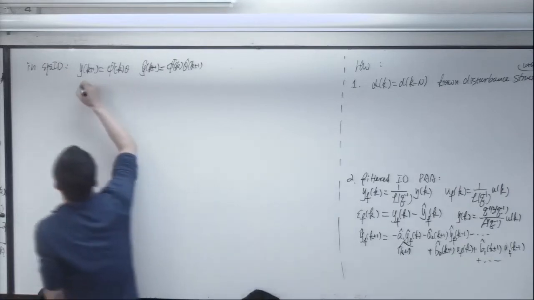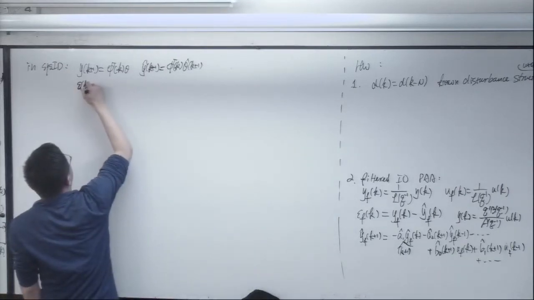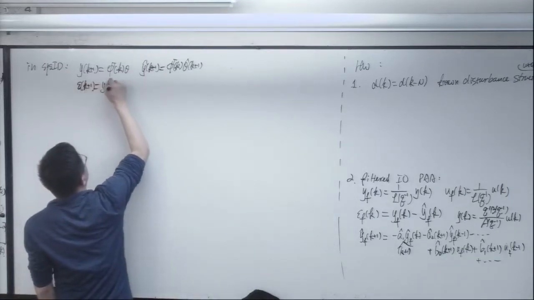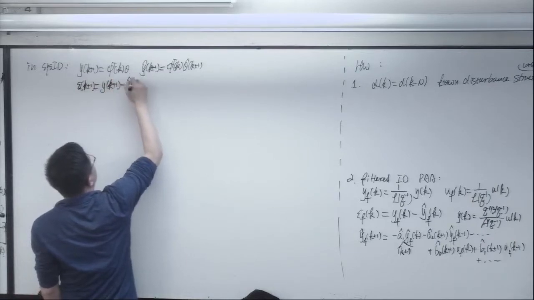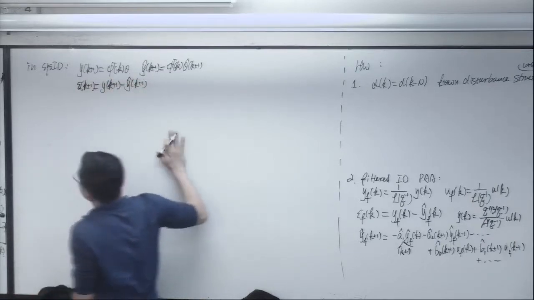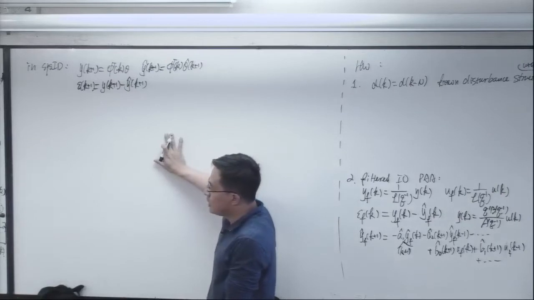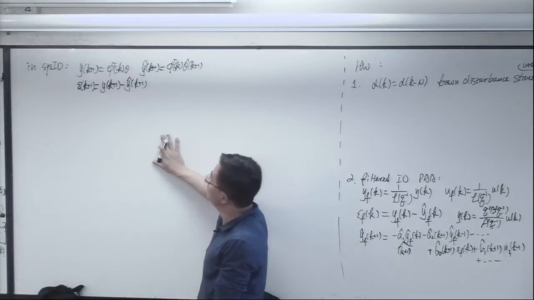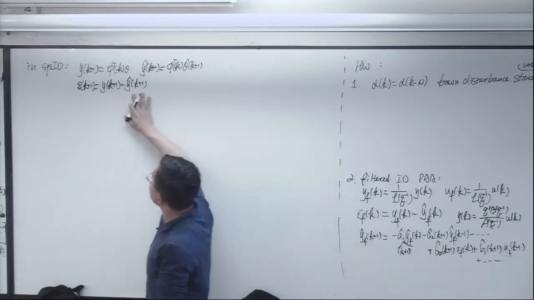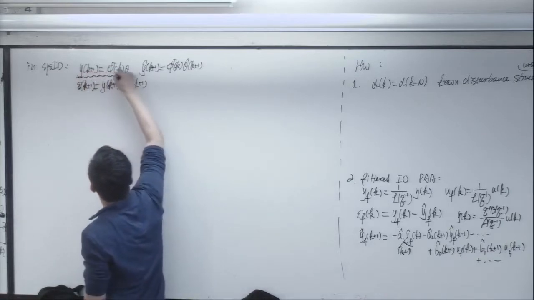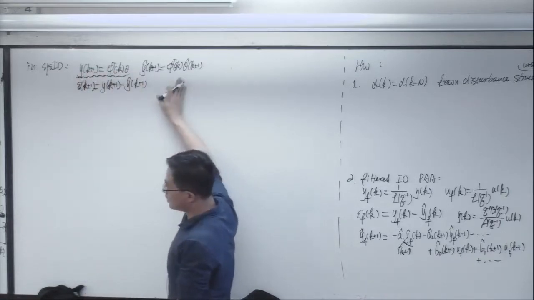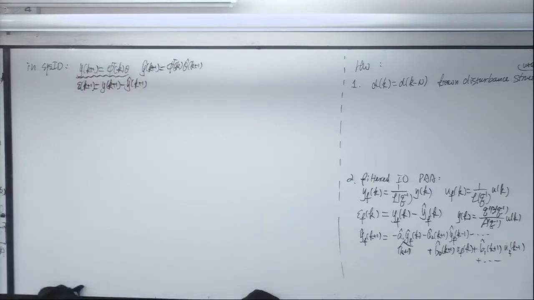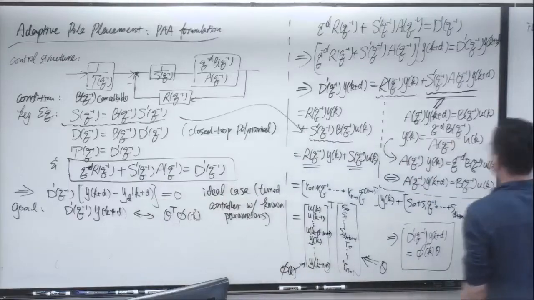And then we do epsilon. We use the difference to drive the adaptation. So let's now work on this part. Okay, so we have completed the first step. Let's work on this term a little bit more.